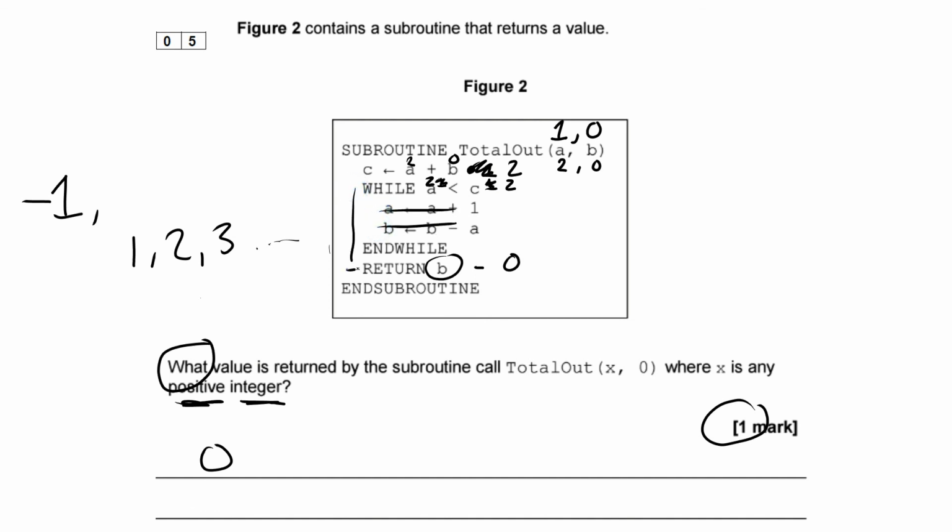It's going to go straight to this line and return B, which is 0. So I'm pretty confident now that the answer is 0. I do not need to spend time in my exam writing a full sentence, because all it wants is that number, 0. Don't waste time writing it all out as a full answer. It's for 1 mark; it's not looking for my spelling or grammar. It just wants to know what value is returned, and the answer is 0.